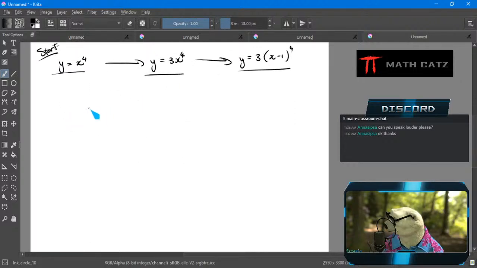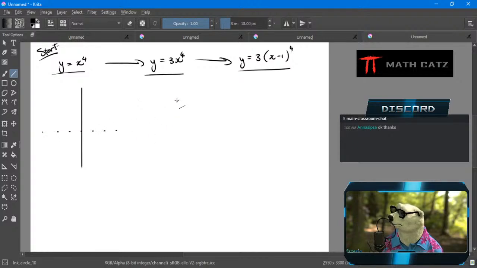So let me just set up my XY axes here, and then we can do the graphs. Squeeze them in. Whoa, no, you have to be vertical. My line tool does not want to play with me today.